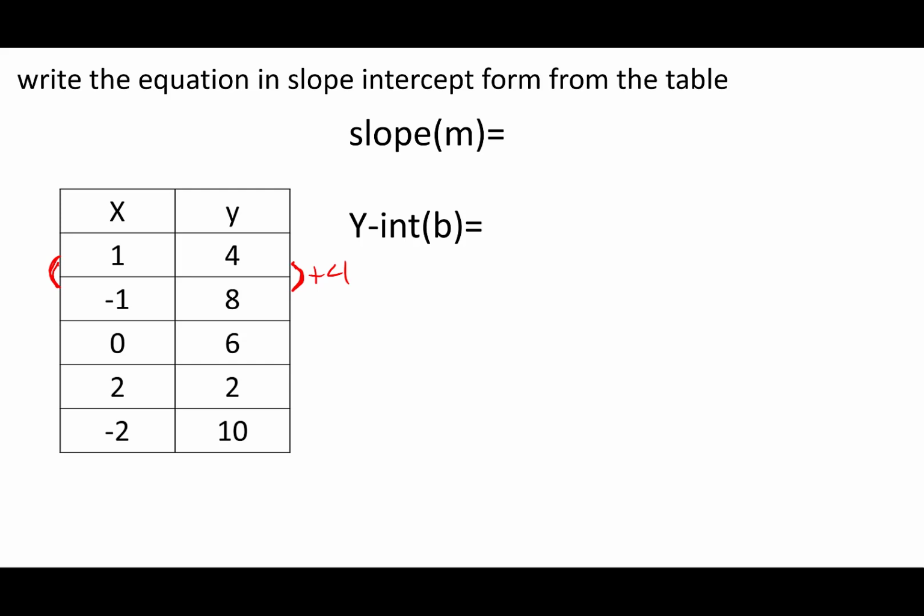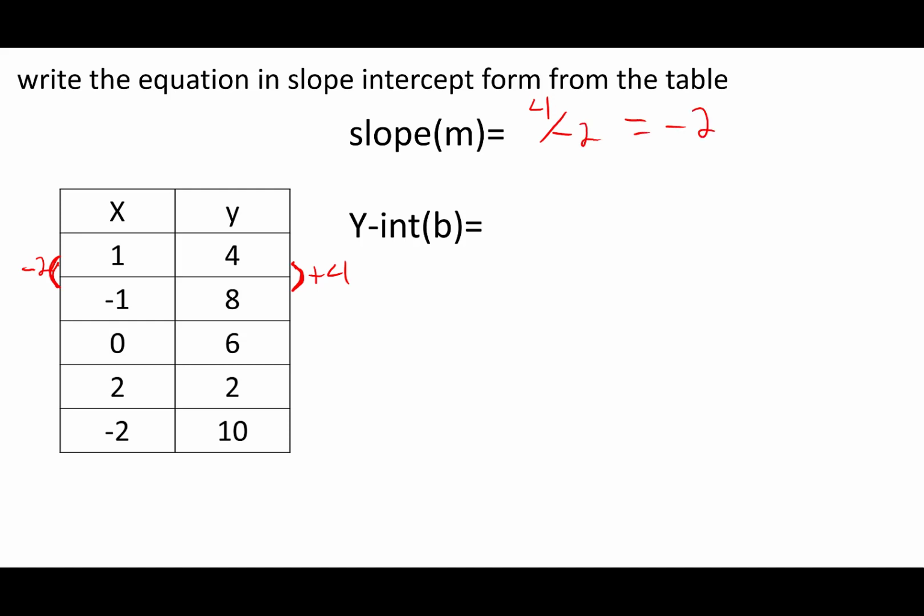Well, -1 minus 1 is we're subtracting 2. So my slope is 4 over -2, which can simplify to -2.